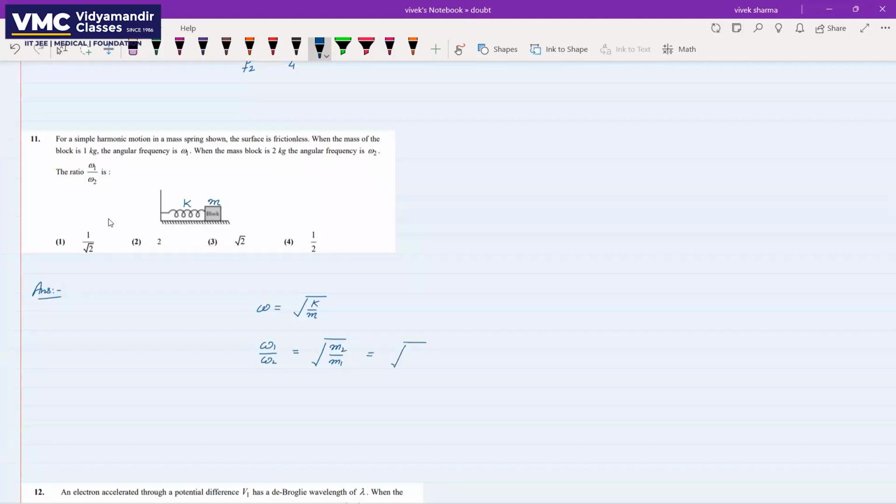In the second case, the block we are using has mass 2 kilogram and the first is just 1 kilogram, so that is equal to root 2, and omega 2 upon omega 1 is 1 upon root 2. We need to find omega 2 upon omega 1, and option 1 is matching.